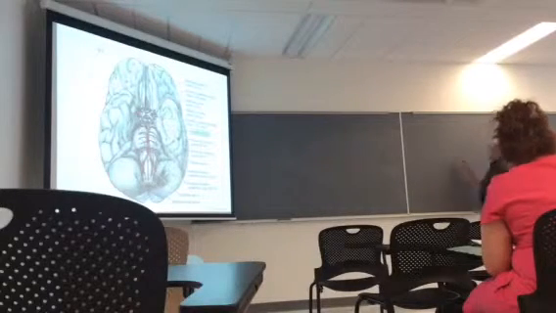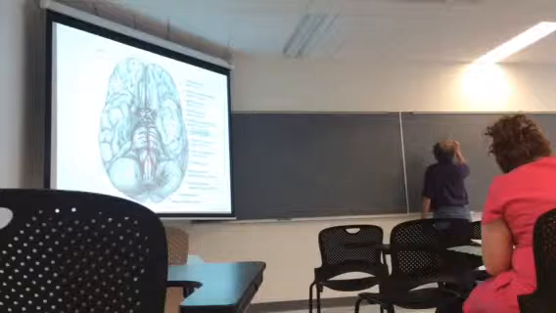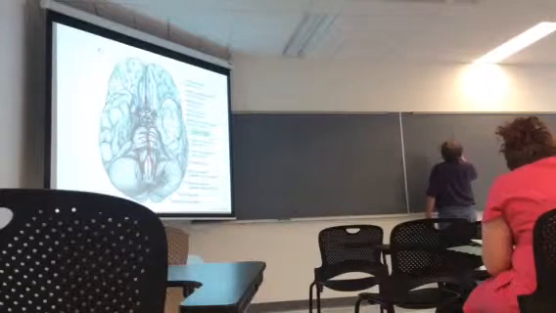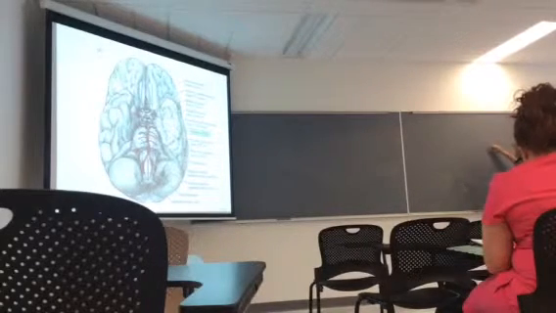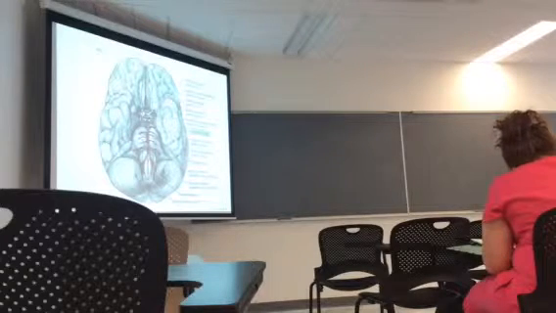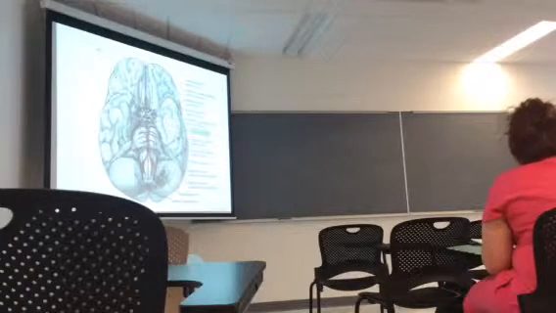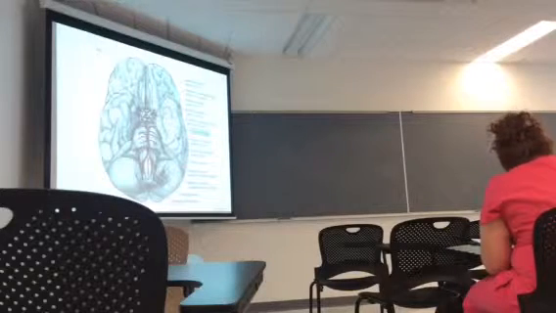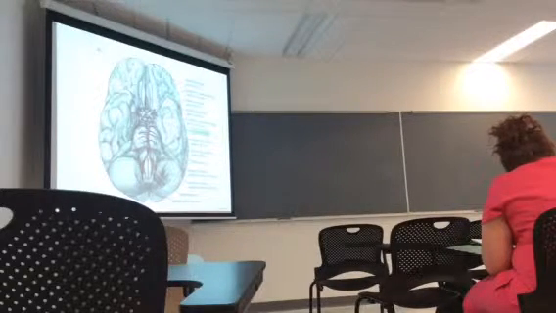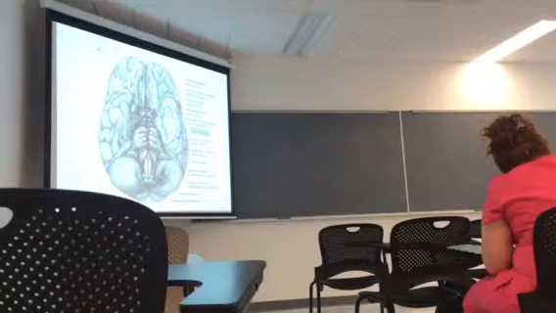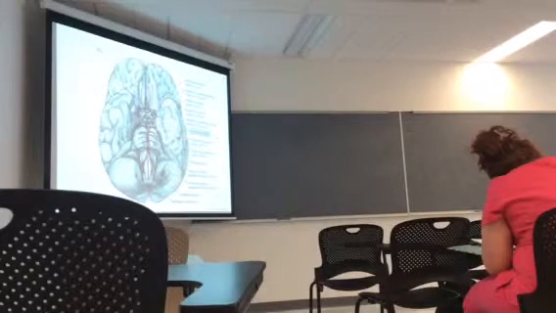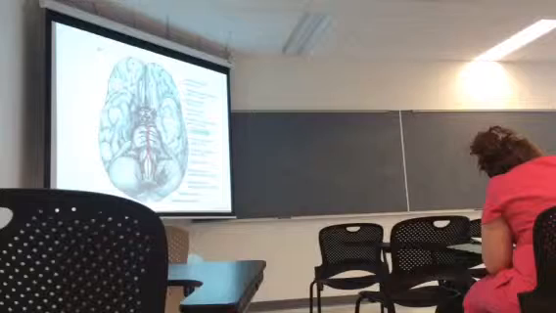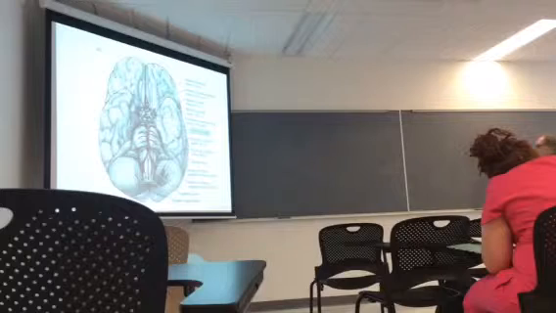The basilar artery then has a whole bunch of small arteries, the pontine arteries. These supply blood flow to the pons. And finally, near the most anterior part of the basilar artery, we're going to have the superior cerebellar artery.